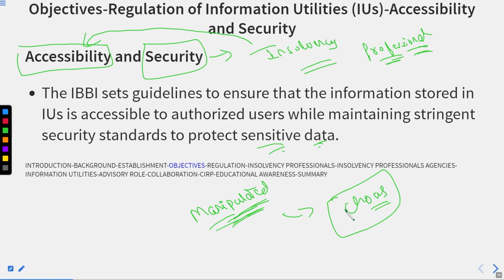So to handle such kind of situation, it is very, very important that the data must be accessible to the insolvency professional, but not to the stakeholders, creditors, and all, to protect the sensitivity of the data and ensure the right decision should be taken at the right time.